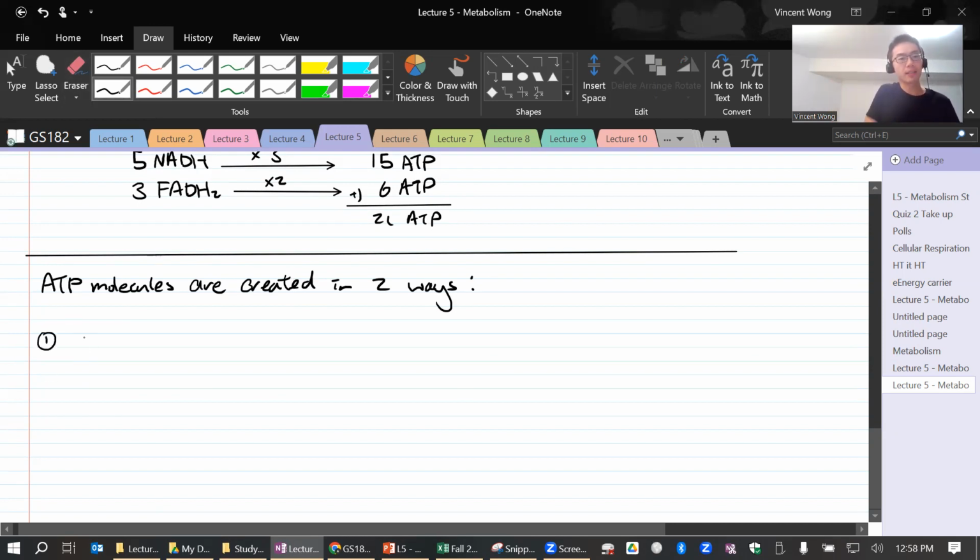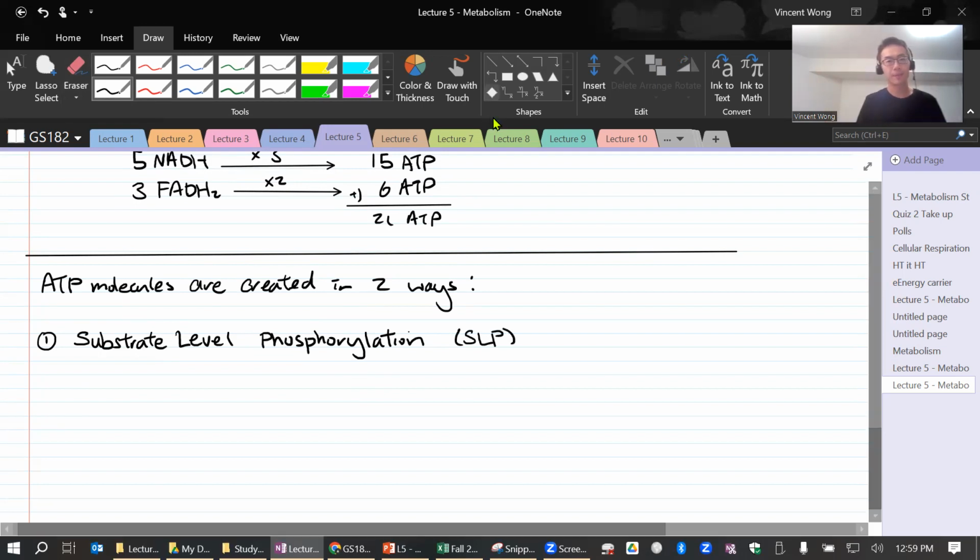First method is called substrate level phosphorylation. That's how you pronounce it, phosphorylation. Short form, we just call it SLP.